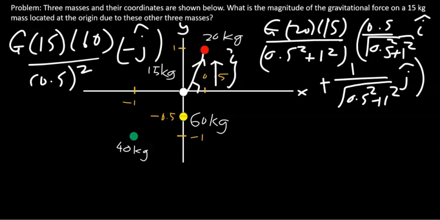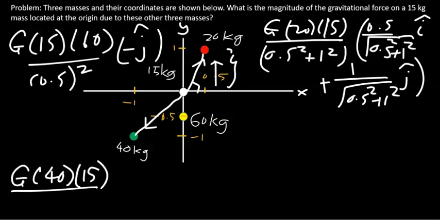The 40 kg would attract the 15 kg towards itself like that. So the magnitude of that attraction is capital G times 40 times 15 over that distance squared. And if this is 1 and that is 1, that has got to be square root 2. Square root 2 squared is just 2.